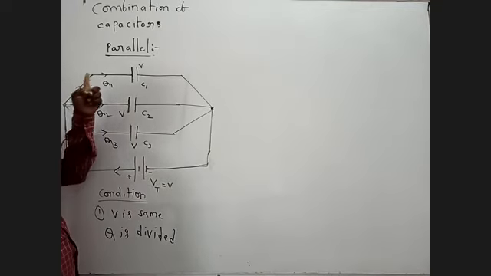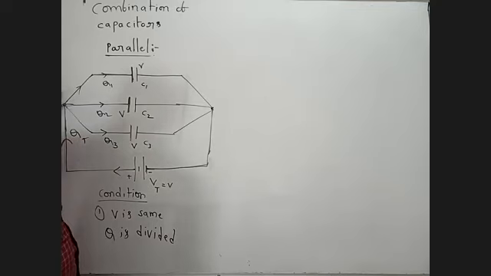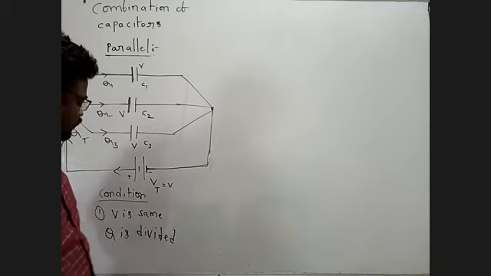Q total is equal to Q1 plus Q2 plus Q3. This is a junction: the total charge entering the junction equals the sum of the charges leaving the junction point.